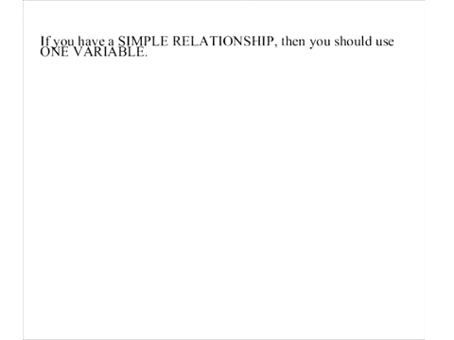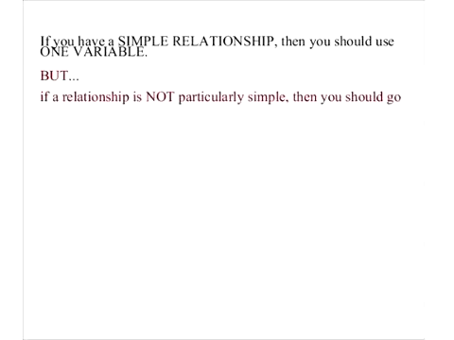But also, here's the same takeaway again. But, of course, now I feel compelled to also point out the flip side to this, which is if a relationship is not particularly simple, then you should go ahead and use more than one variable. In other words, don't kill yourself to try to use a single variable.